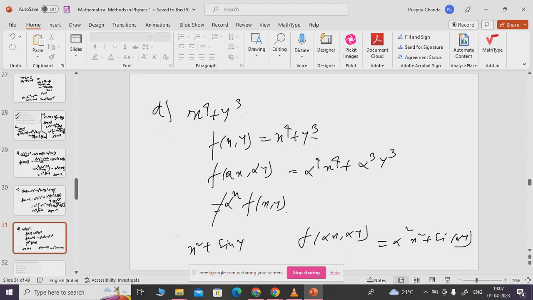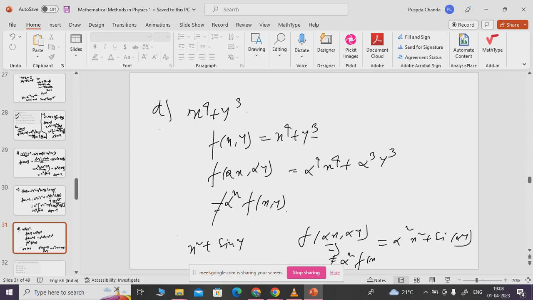Same for x square plus sin y, because alpha x, alpha y will become alpha square x square plus sin of alpha y. We cannot write it as alpha to the power n f of xy.